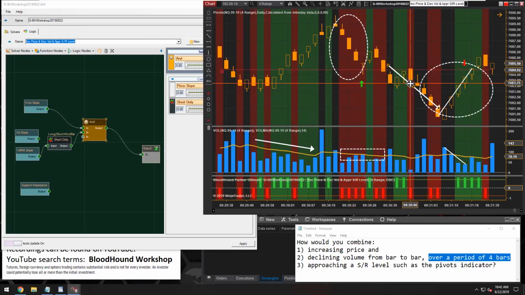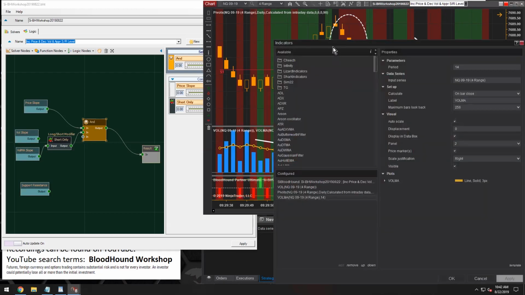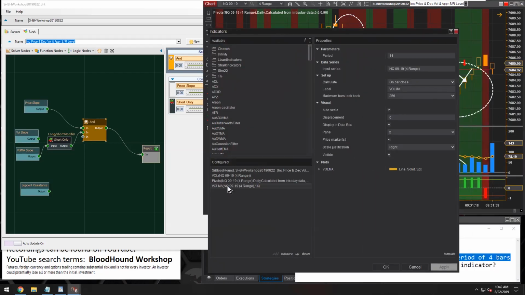Yeah, so looking back here, we do have a couple of bars here. Let's see. Our volume MA wasn't quite working with us. Let's see. Yeah, you know what? Let's make a modification to this, just for the sake of getting this to work here with what we have on the chart.